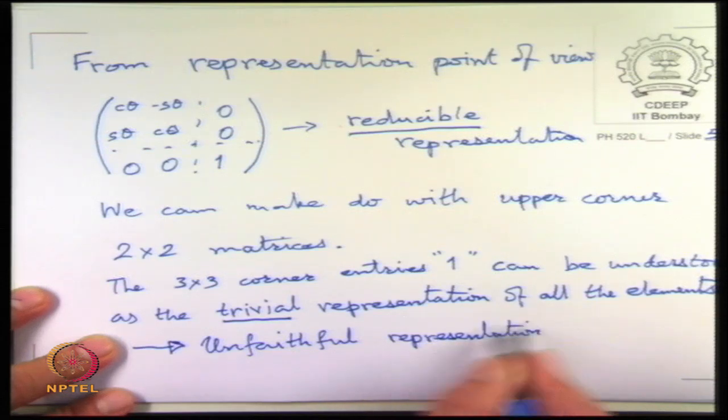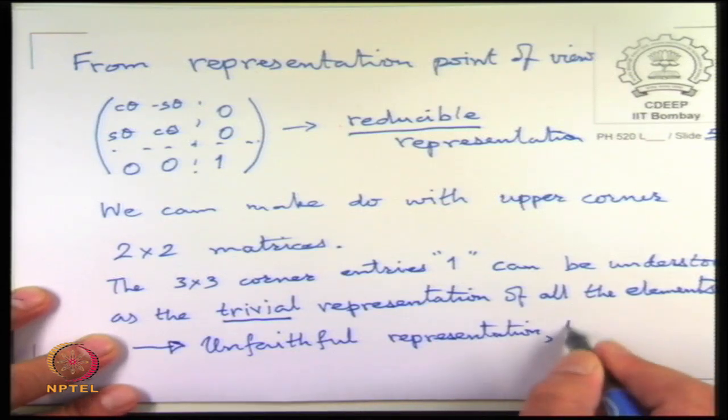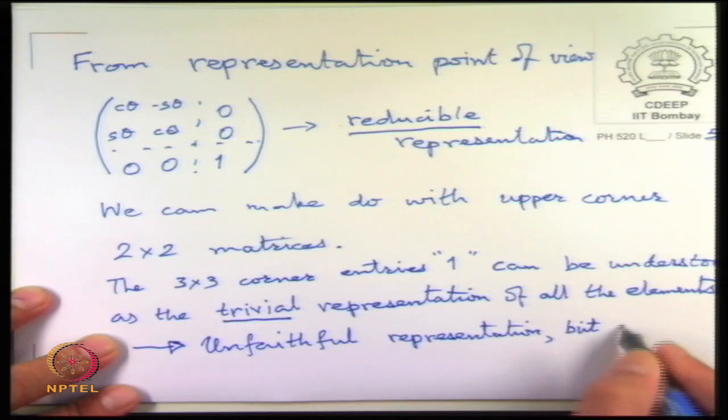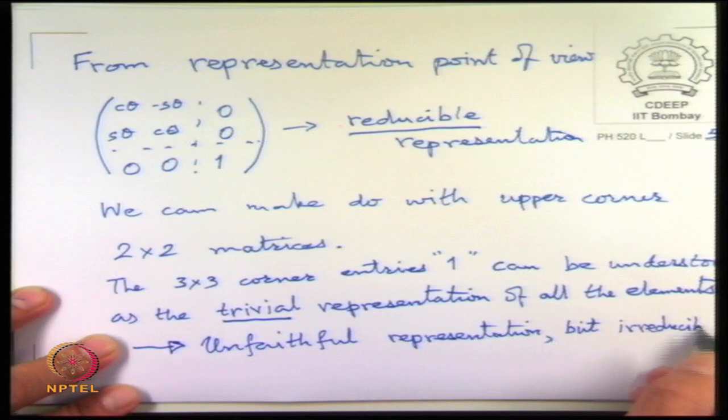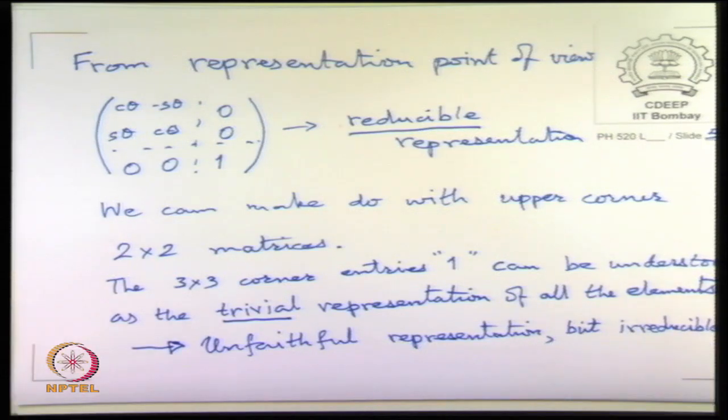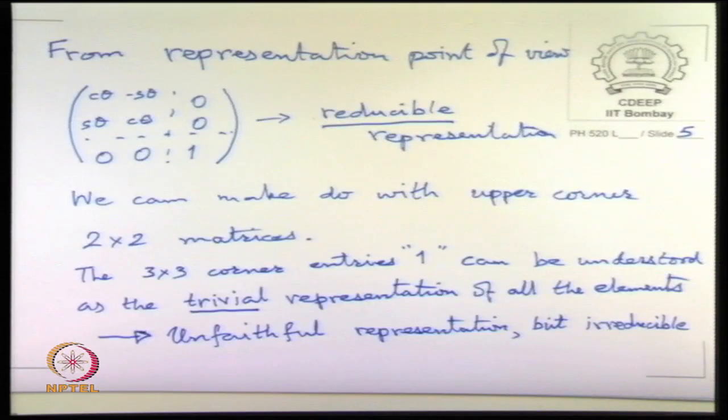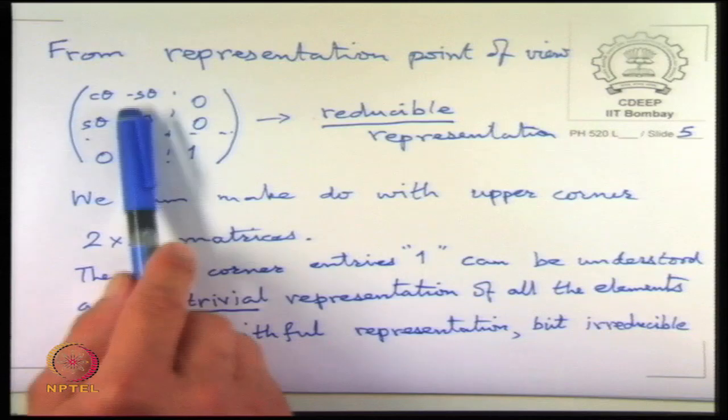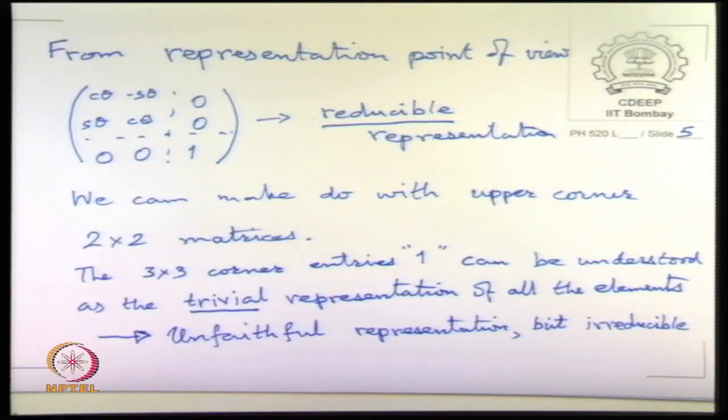But also irreducible. Right, you can't reduce 1 any further, so the representation is irreducible, but it is unfaithful. The upper corners, the 6 distinct matrices provide a faithful and irreducible representation.